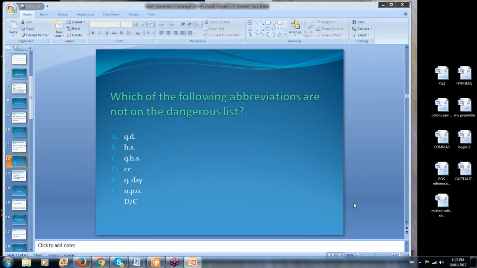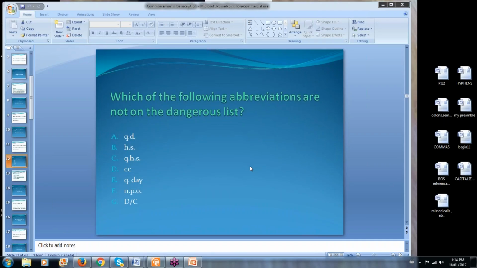So everybody take a minute and let everybody think about it before you start spouting out some answers, okay? So Holly's saying CC is not on the dangerous list. NPO, NPO, Q-Day, Q-Day. Okay, we have a few mixtures here.